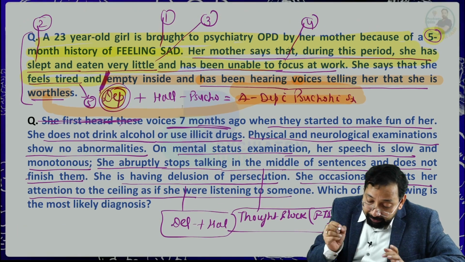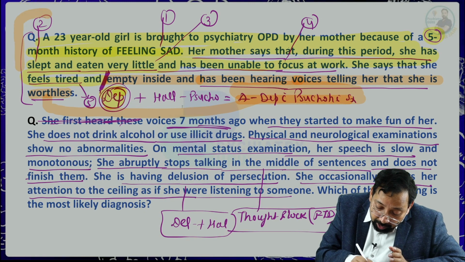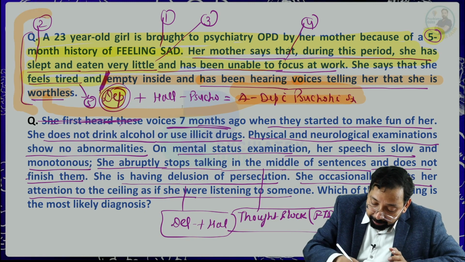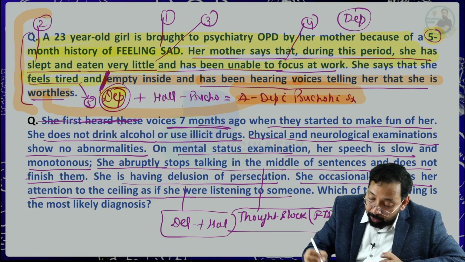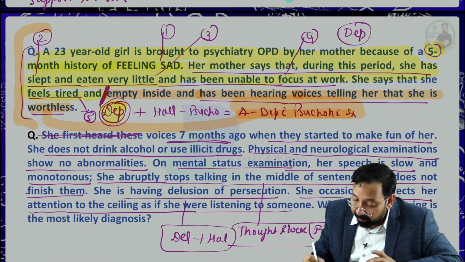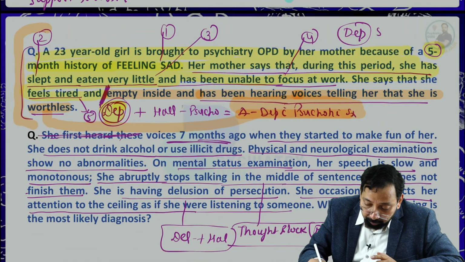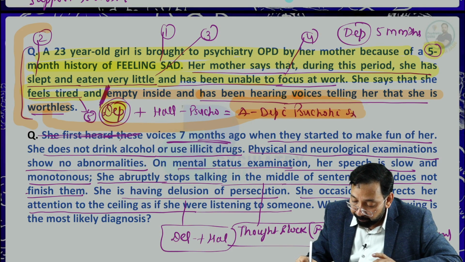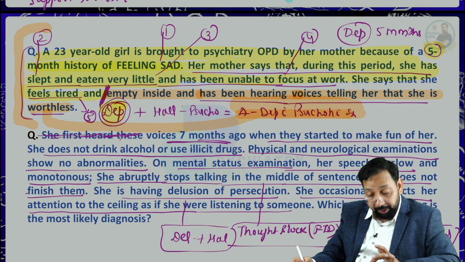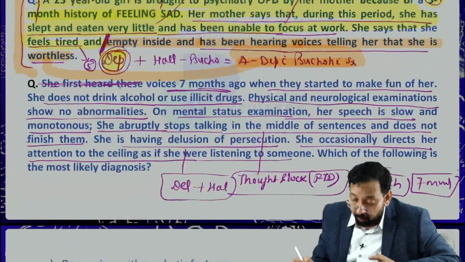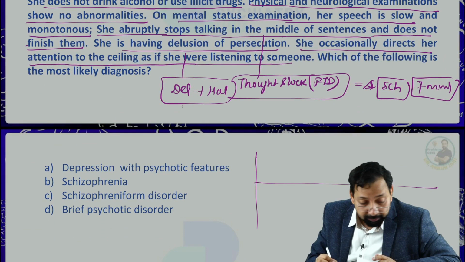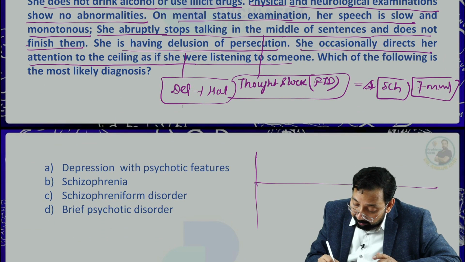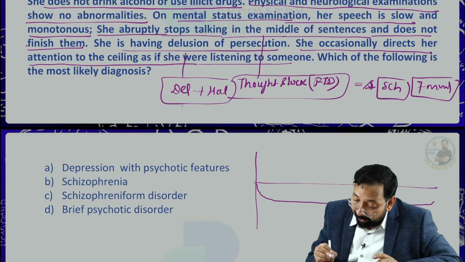So you can say in this patient, for 5 months, the diagnosis is depression. For 7 months, the diagnosis is schizophrenia. So in this question, you find that depression and psychotic symptoms are present during most of the duration of illness.